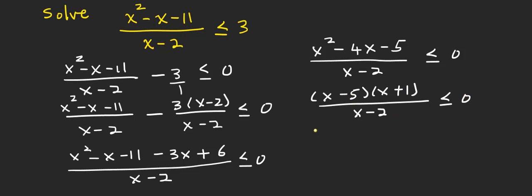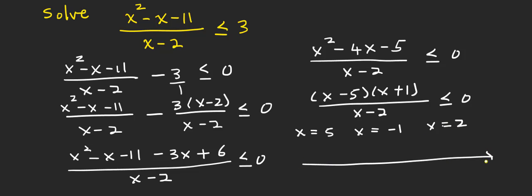Now set each factor equal to 0. You end up getting x equals 5, x equals negative 1, x equals 2. We're going to use these values in our sign chart. So put them in order: negative 1, 2, and 5.